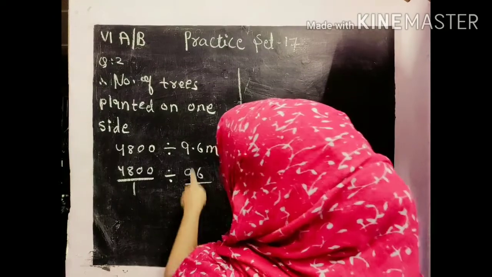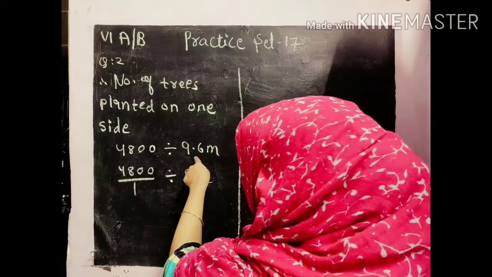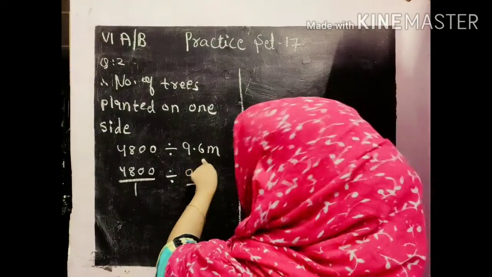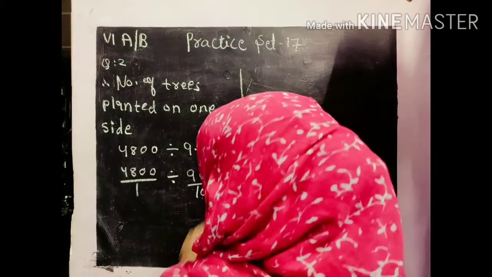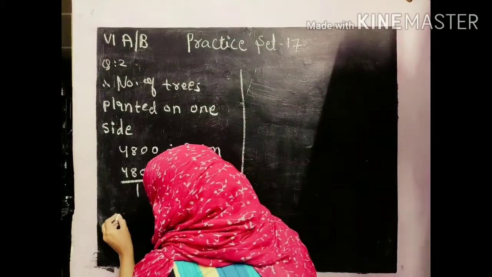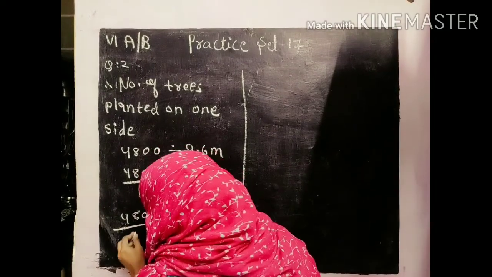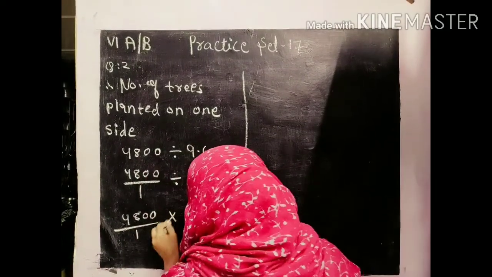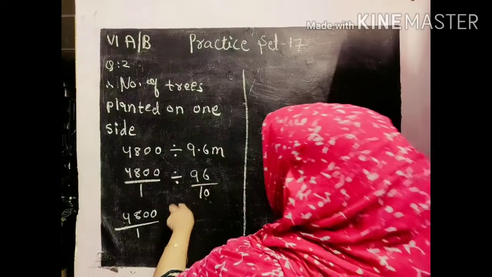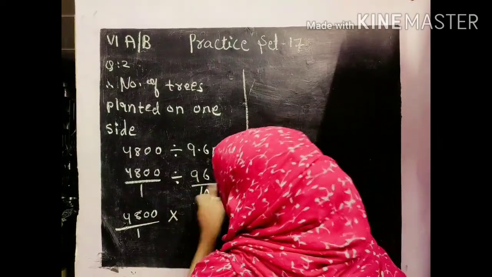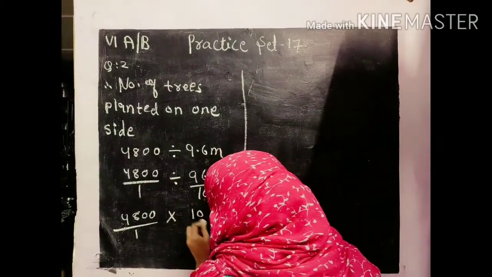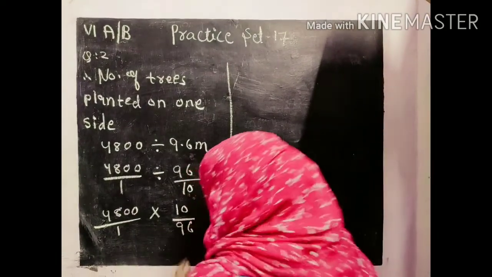How does 10 come? Because after the point, 6 is in the tenth place. So here 10 will come. Now we will write again 4800 upon 1 into the reciprocal of this number, 10 upon 96.